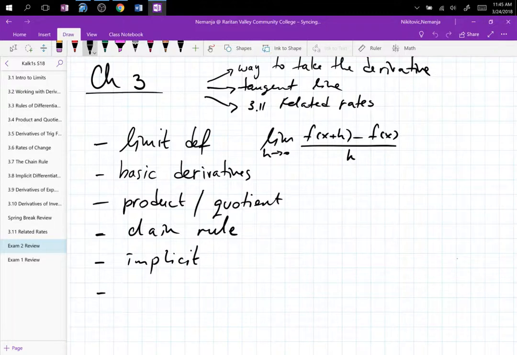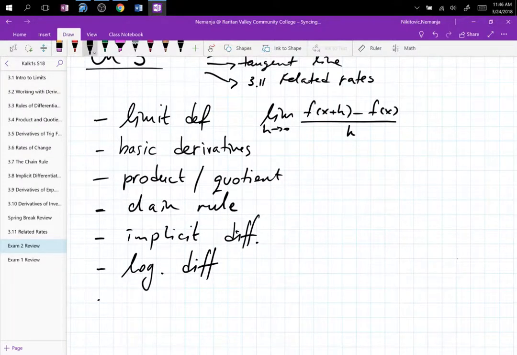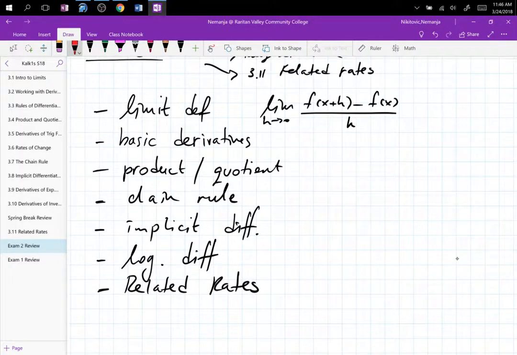So all of those are like basic stuff. So implicit differentiation, and we have one more, logarithmic differentiation, and then we have 3 related rates, word problems. Now, tangent line. So whatever method you have to employ to get the derivative and then compute it and do so.